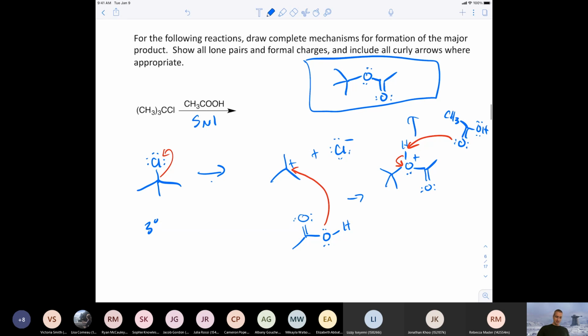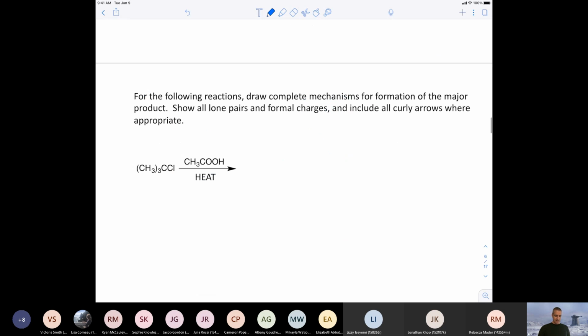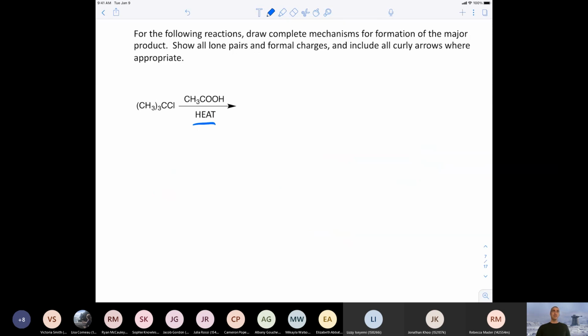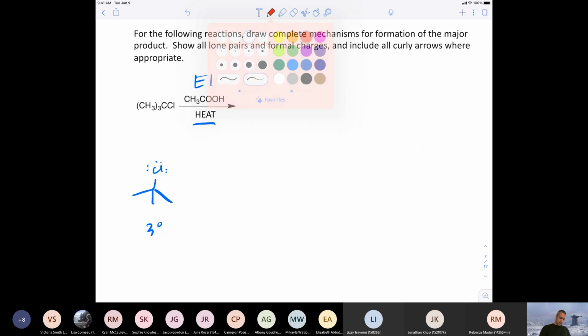Easy stuff, isn't it? Look at that heat. So we have the same one, still tertiary. Now we got heat, so heat does the same reaction. Well, not the same reaction, it does E1. Well, E1 and SN1 have the same first step anyway.